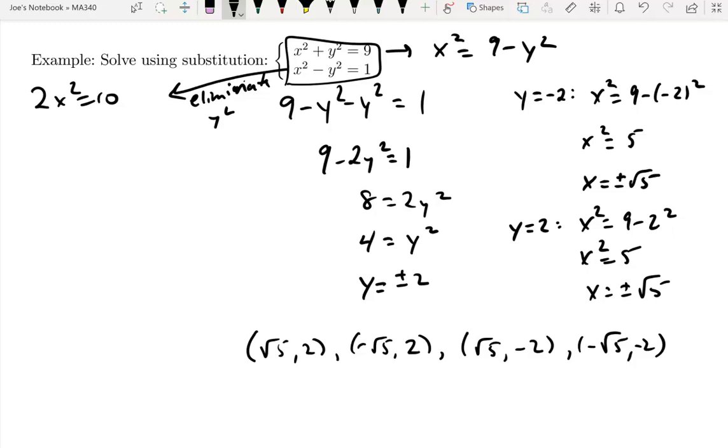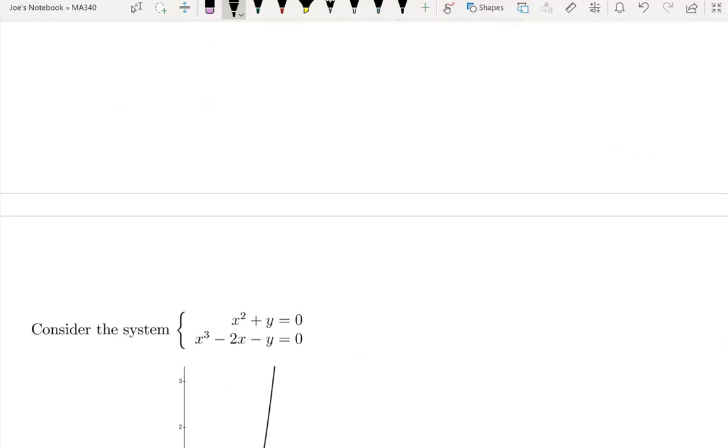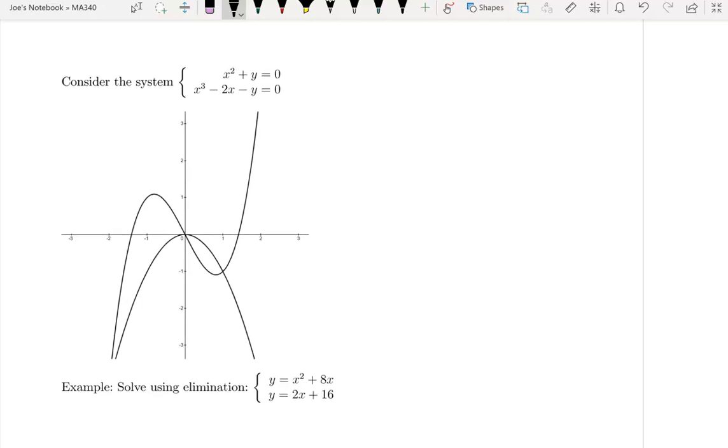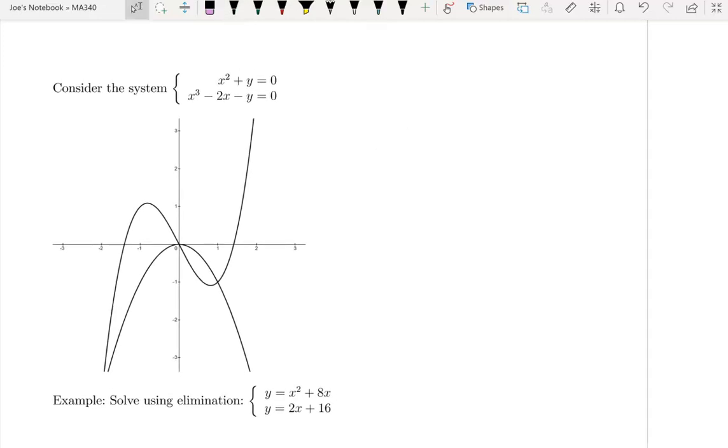So you could have also used elimination. So let's practice a couple of different ones that have elimination, which is what I'm pretty sure the next problem does. So let's look at this. x squared plus y equals 0. And then x cubed minus 2x minus y also equals 0. Just to graphically show you what's going on here, if I solve x squared plus y equals 0 for y, you would have y equals negative x squared.